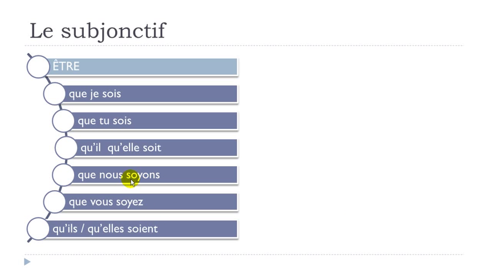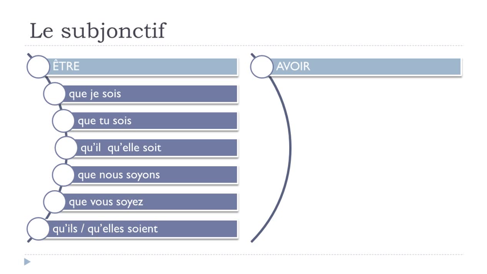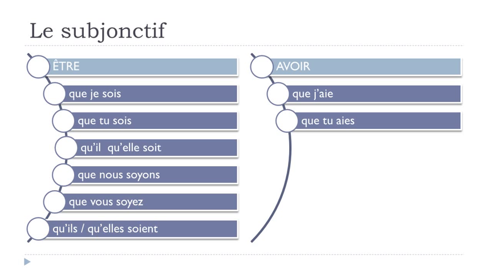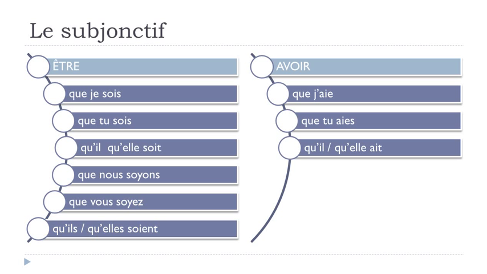And then soyons for nous, soyez for vous. So I repeat: que je sois, que tu sois, qu'il soit, qu'elle soit, que nous soyons, que vous soyez, qu'il soit, qu'elle soit.